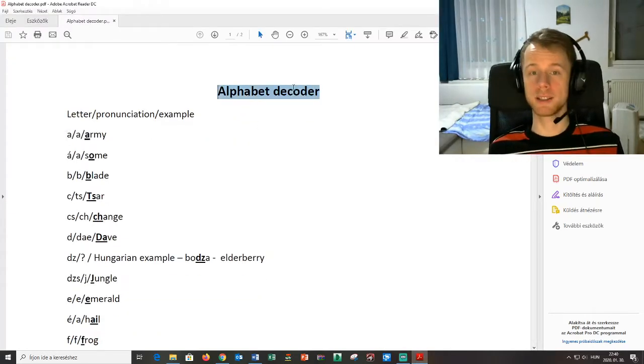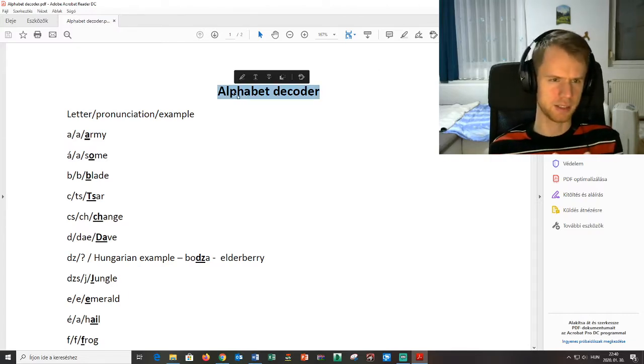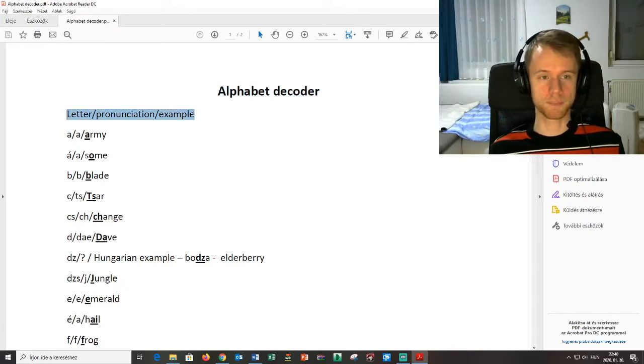I have prepared this alphabet decoder for you, so it would be simpler for you to study the alphabet as if you opened up a textbook. I have created 3 different columns, and the first one is the letter as it would be in the Hungarian alphabet, like A is the first letter. The second one I call the pronunciation.